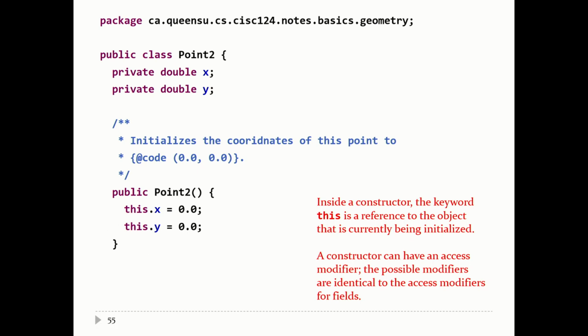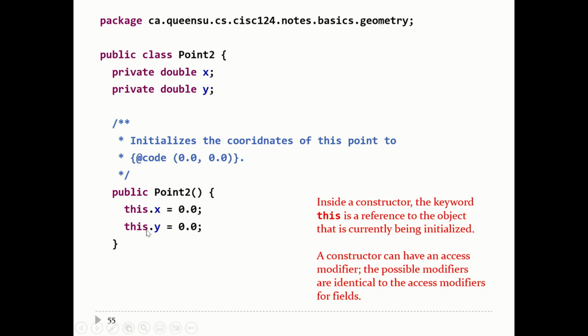Inside of a constructor, the keyword this is a reference to the object that's currently being initialized. You don't have to define or declare the reference this yourself. You get it for free in Java. So this dot x means set the x coordinate of the object being initialized to 0. This dot y means set the y coordinate of the object that's currently being initialized to 0.